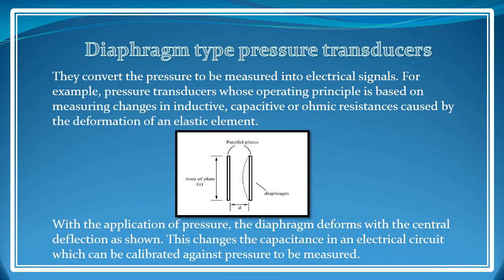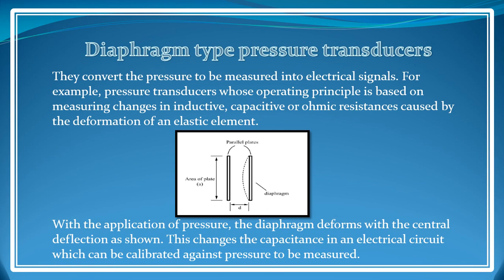So here is the catch, that we are using a diaphragm as a capacitor plate that can give a change in output when we apply a pressure. So we can calibrate this output to our input pressure.